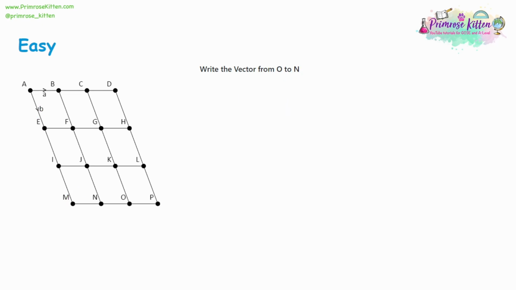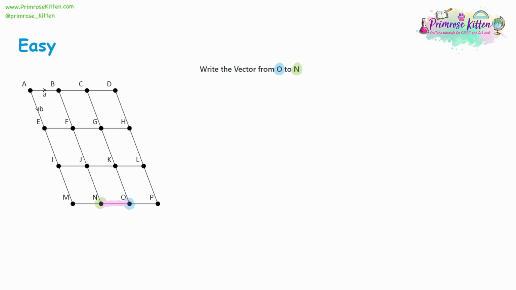The next vector we'll look at is a vector from point O to point N. So we can label those in the diagram. We're going to start at O and we're going to end at N. So the shortest distance in between the two, starting at O and going to N, is what I'm labelling on the diagram. Now, can we see any labelled vectors that are the same length and the same direction?